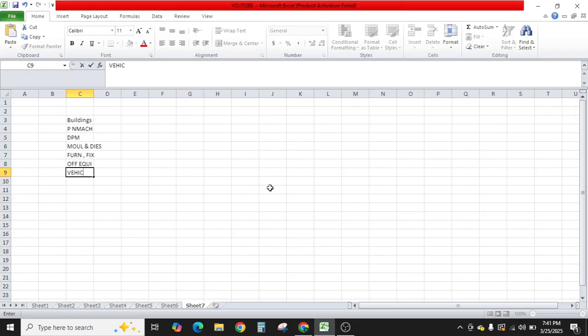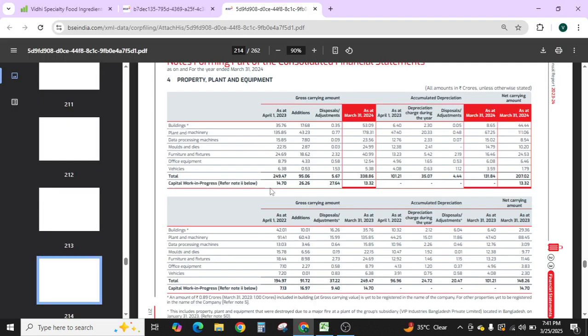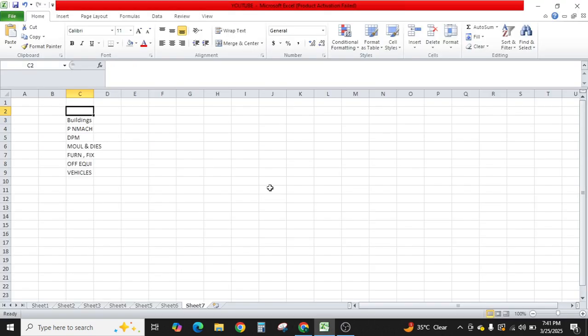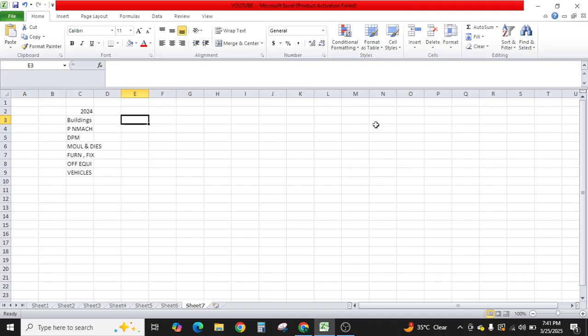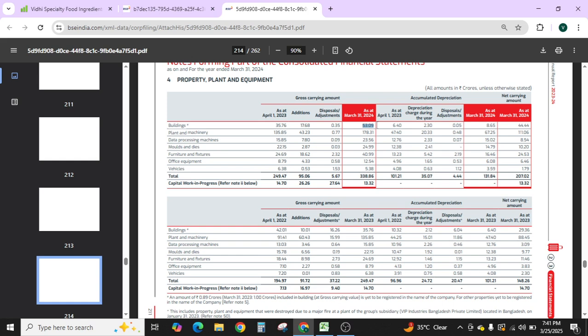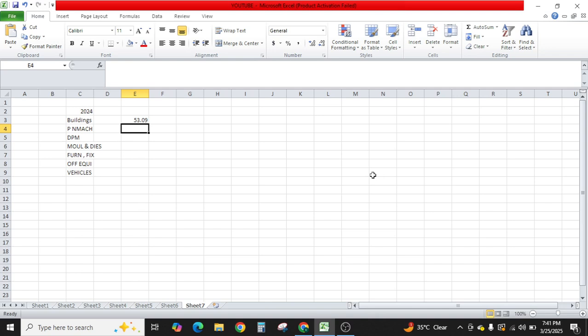Now this is for FY 2024. We will check building: we take gross block 53.09 and divide it by total gross block, which is 33.86. If we do this it will be 15%.